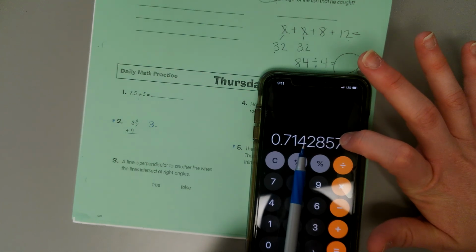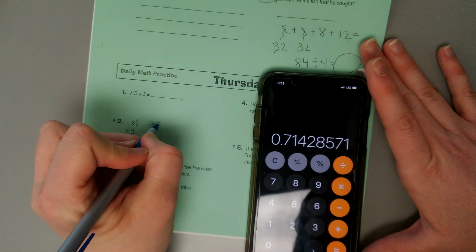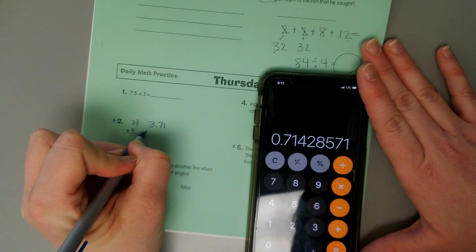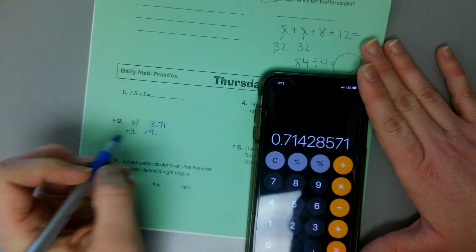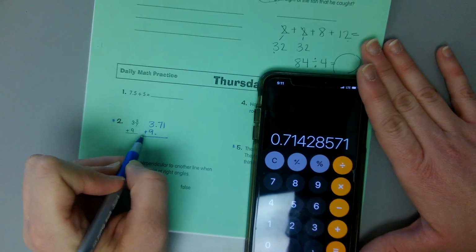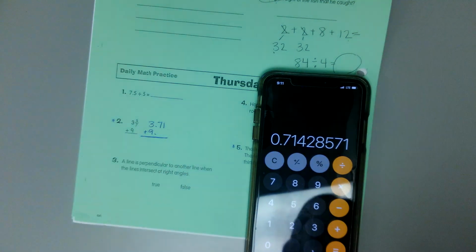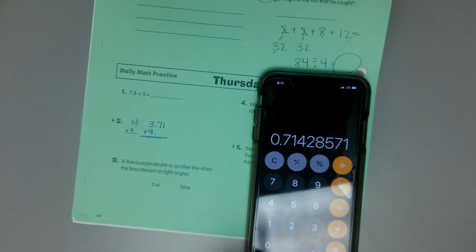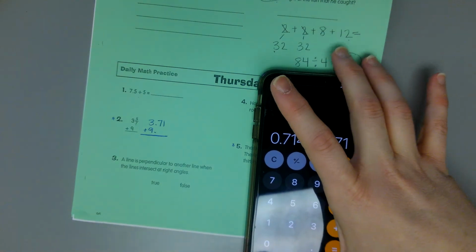So this 4 tells us we can stay at 1. So 3.71 plus 9. And there's an invisible decimal behind there. So I would convert that to a decimal, and that's the easiest for me. That's how you would do Thursday number 2.